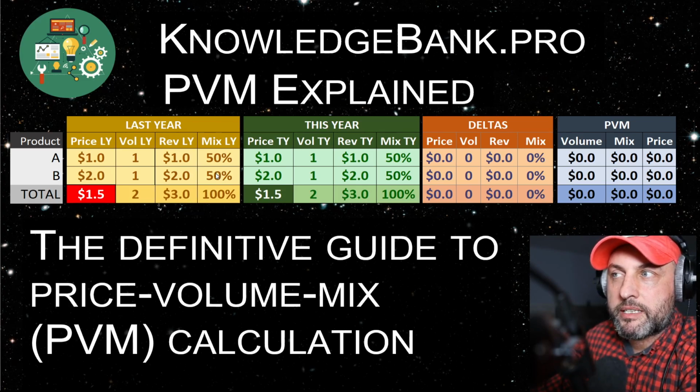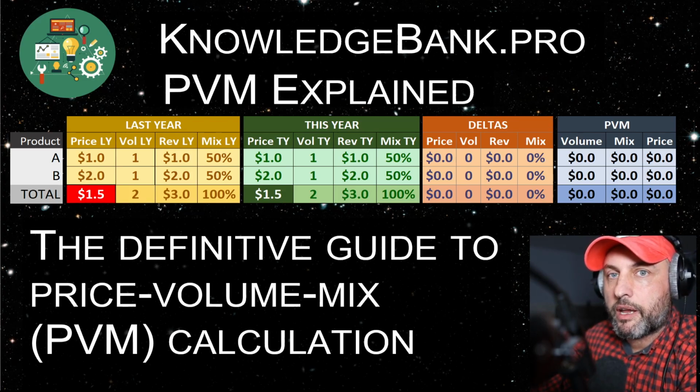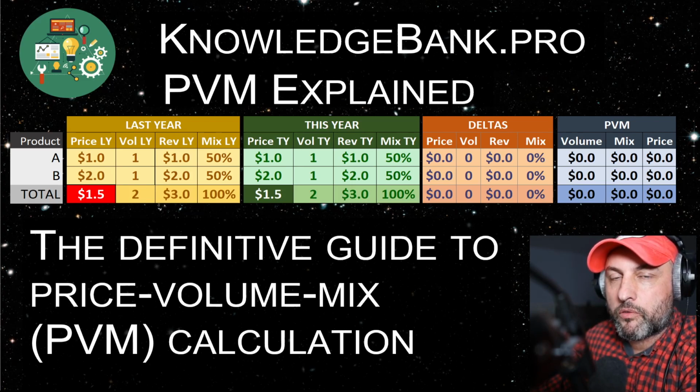So as long as mix is the same, I sell exactly my distribution of products of high price and low price, price does not change, then I can calculate the average price per unit. You tell me how many units you've sold, I'm going to take that number of units, multiply it by average price, and I will know exactly what the revenue is. So that helps me understand what the revenue will be for the entire portfolio, for all units.